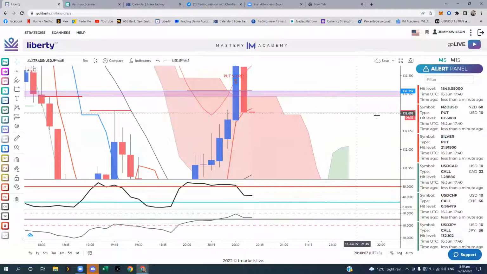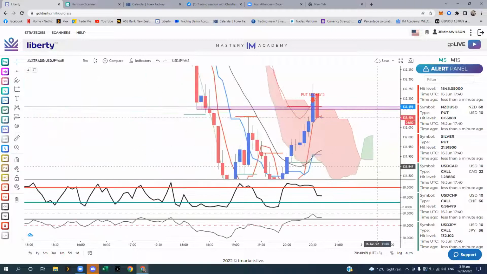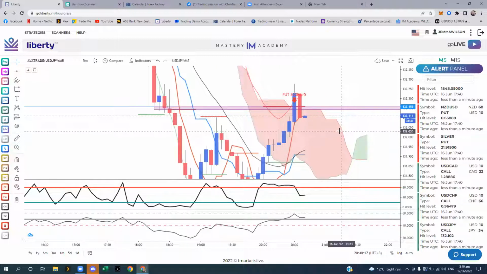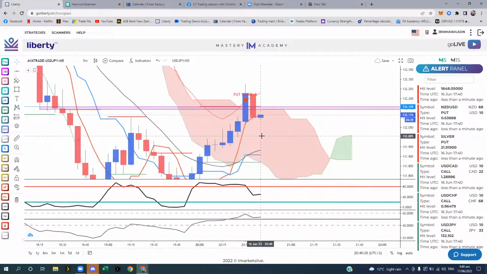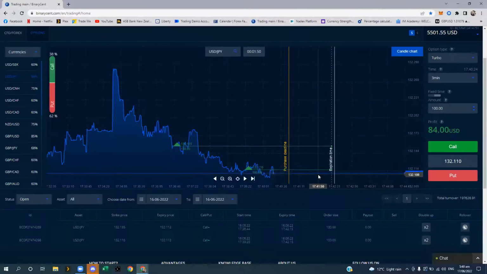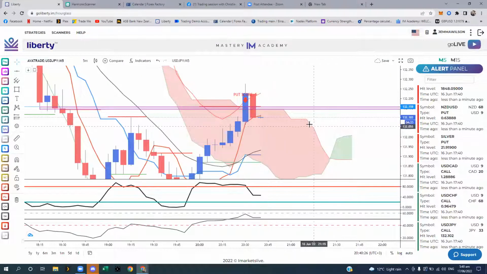Come on. Lost, yeah. I'm sorry, guys. This W formation has happened, and I was expecting it to keep going, but it looks like it's not doing what I expected. But I'm still in this trade. I would suggest hanging tight because I might lose this.